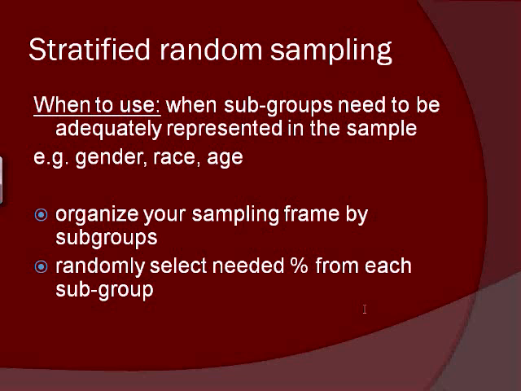And then from each section of this organized sampling frame, we will pull appropriate numbers of students that are going to form appropriate percentages inside the sample. So once again, this is just adding a notch of sophistication to random selection.